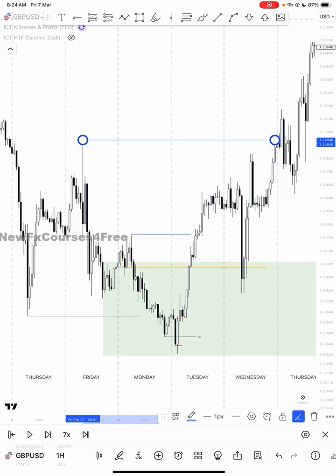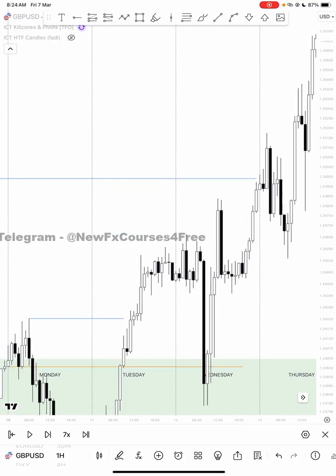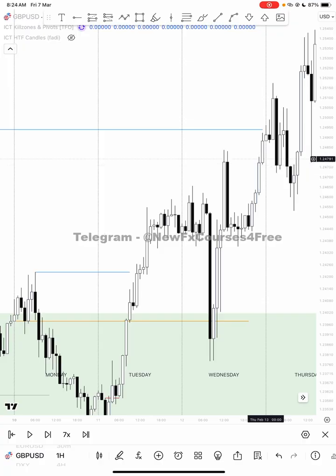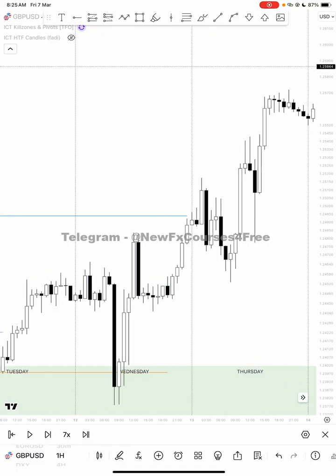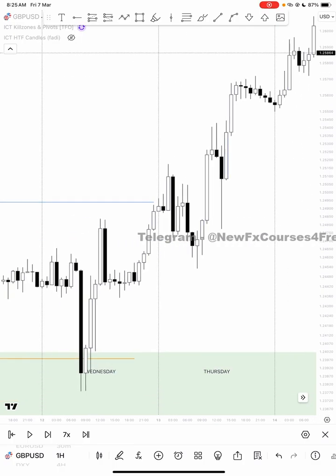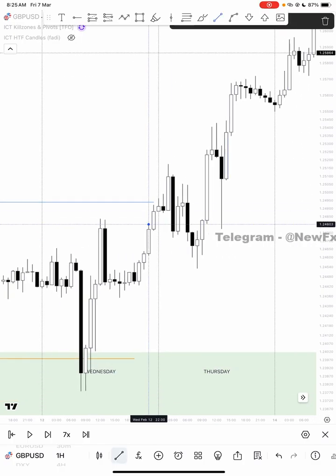and after taking that out, we got our close. So open, low, high, and close. Same thing here. Daily candle opens with this move.